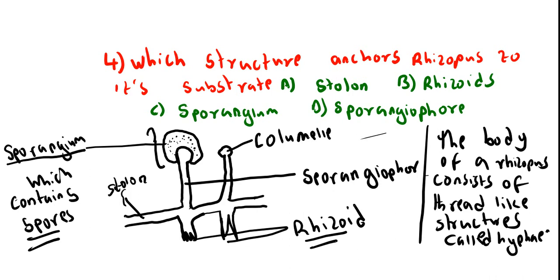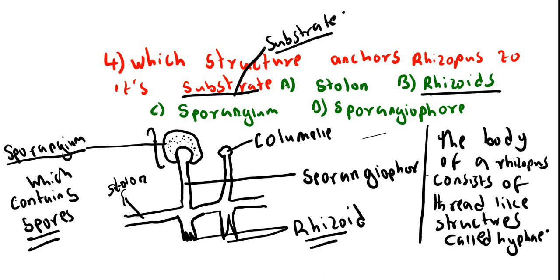Remember that dead or decaying organic matter that the rhizopus feeds on is what we call the substrate. So a rhizopus carries out saprophytic nutrition, and it has these parts that make it possible for it to carry out its function. So in this case the answer is the rhizoid. Do you have another question?